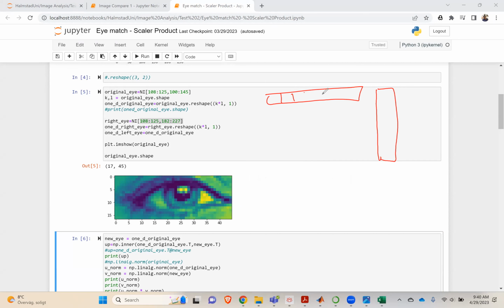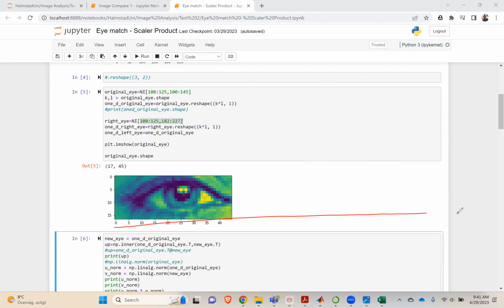But 2 by 2 is hard to visualize. So what I did was, I took this I and made it a long 1D vector, row after row. Then exactly like the book, I can put the equation exactly like that.